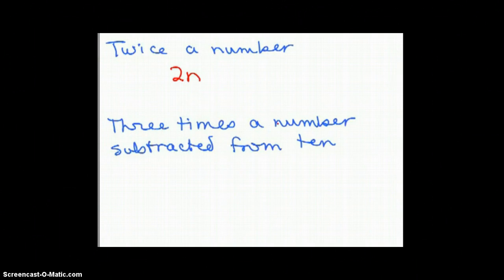Well, what would that be? That would be 3n. Okay, 3 times a number subtracted from 10. Okay, so what are you going to start with? 3 times a number or the number 10? Well, you're subtracting from 10. So that means you've got to start off with 10, and then you're going to subtract something from it. And what are you going to subtract? 3 times a number. That would be 3n.